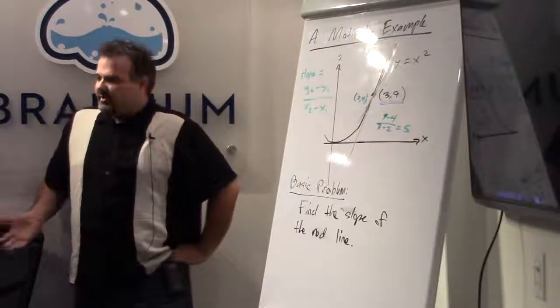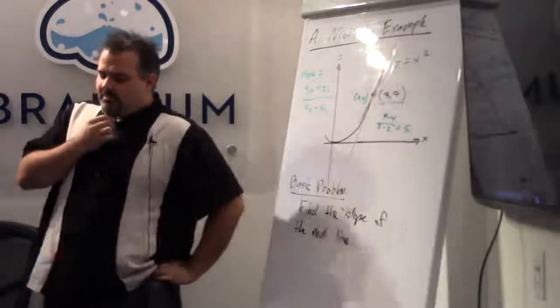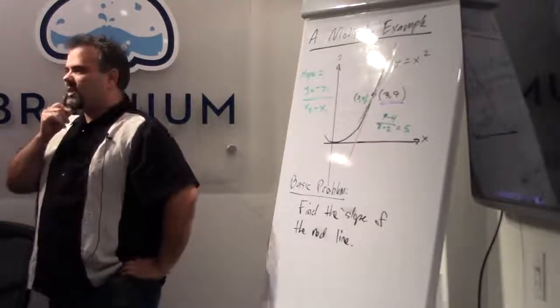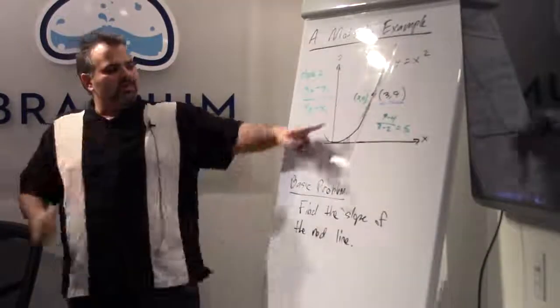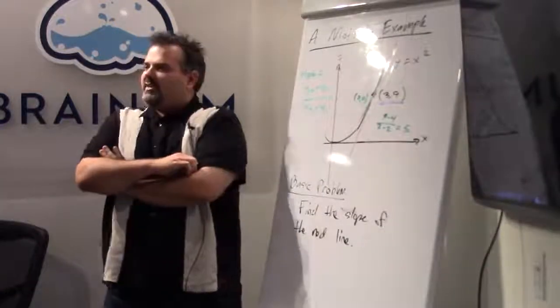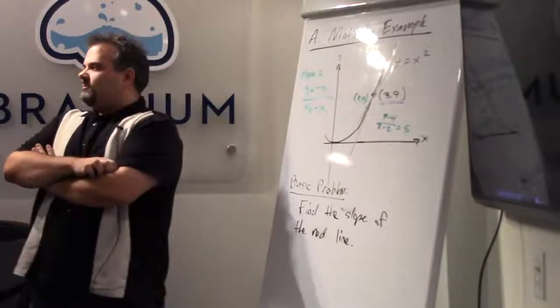How we decide that is completely subjective. But at least on paper, we can in principle say, I'm going to take closer and closer points, and when I'm satisfied, I'm going to say this is not exactly the slope, but it's close enough.